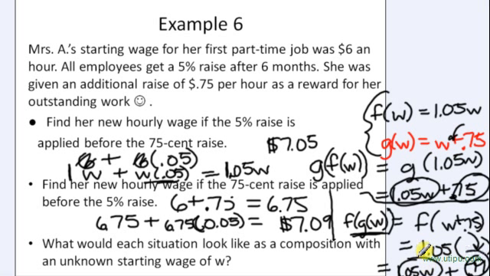So it should make sense that we'd want to apply the 75-cent raise first because I get the 5% raise on top of that extra as well, versus the other way around, only getting 5% on the initial wage and then the 75 cents on top of that. And our composition shows us that no matter what W is, the difference between the orders in which we apply them will always just be a 4-cent difference.